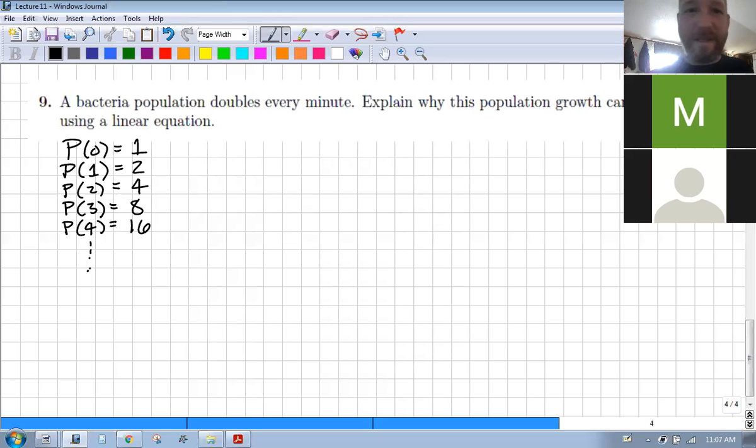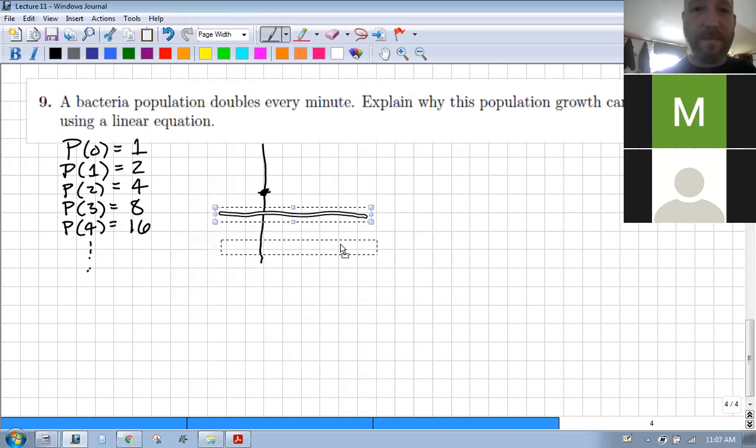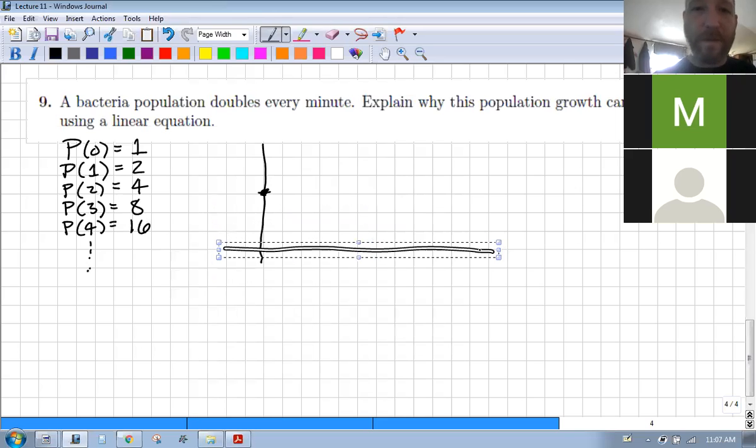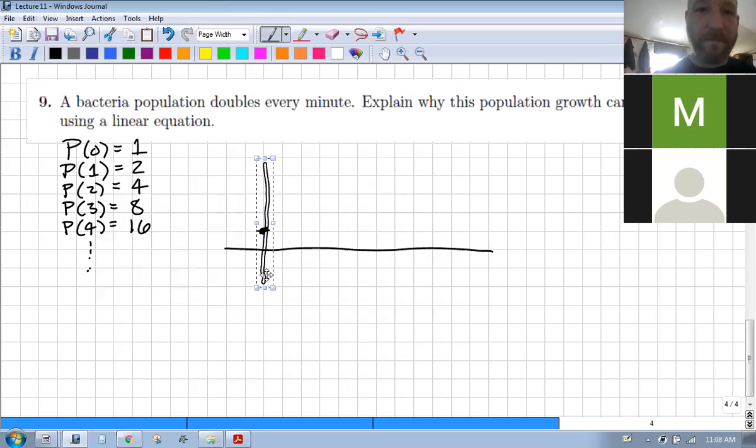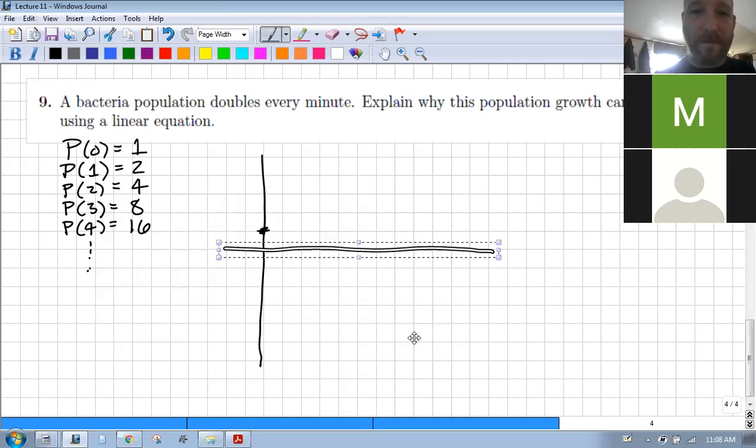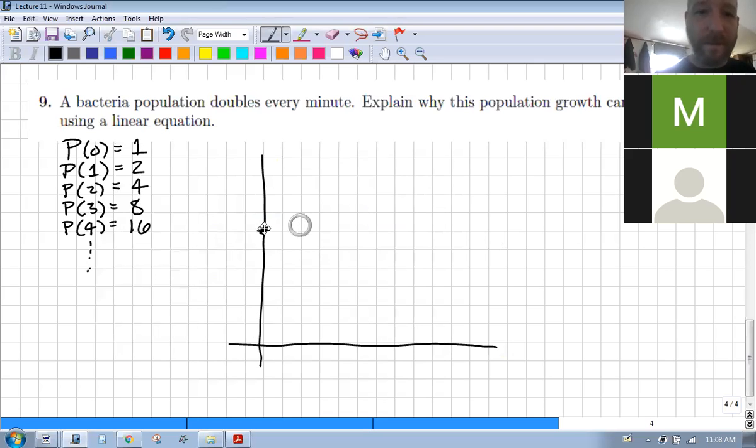What would a graph like this look like? At time 0, we're at 1.